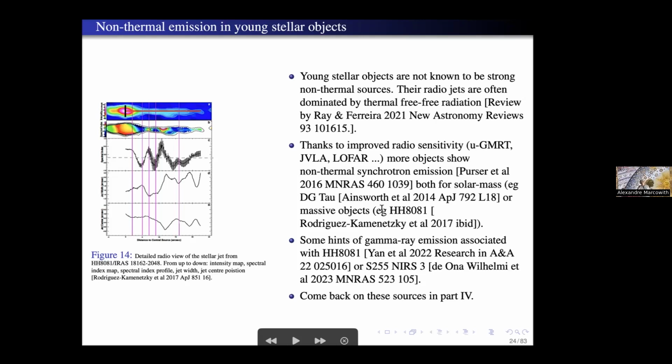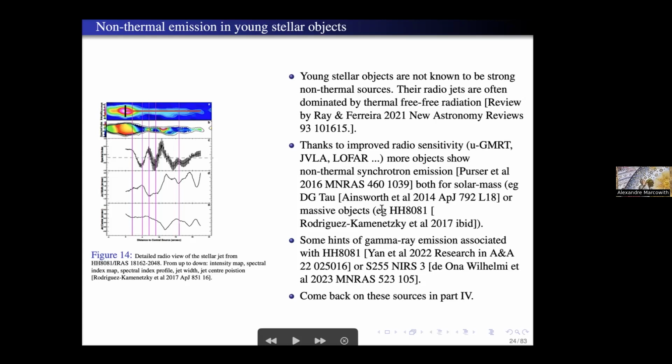So there are a couple of objects, from DG Tau, which is a solar mass object, to this one, HH 80-81, which is a massive object. And especially here, thanks to the good angular resolution of the VLA, you are able to follow the spectral index of the emission along the jet.